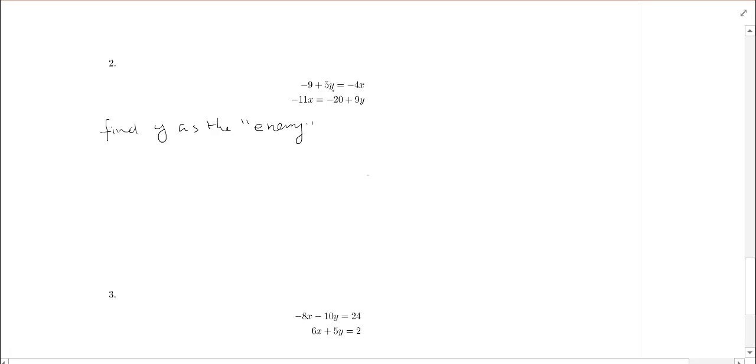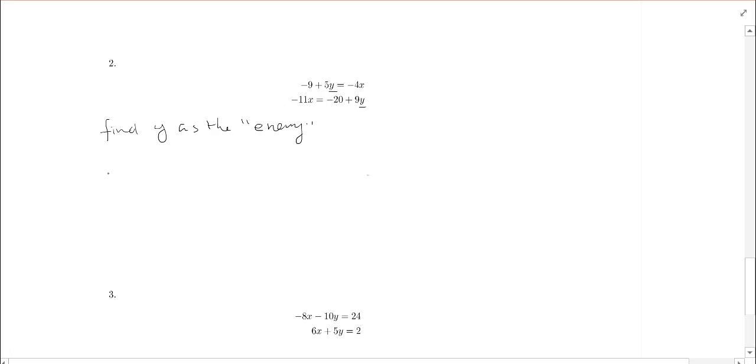I'm just trying to find y. I think it's okay, because canceling 5 and 9 doesn't seem much easier than canceling 4 and 11. I don't think it's any easier or harder, so I will just choose y.